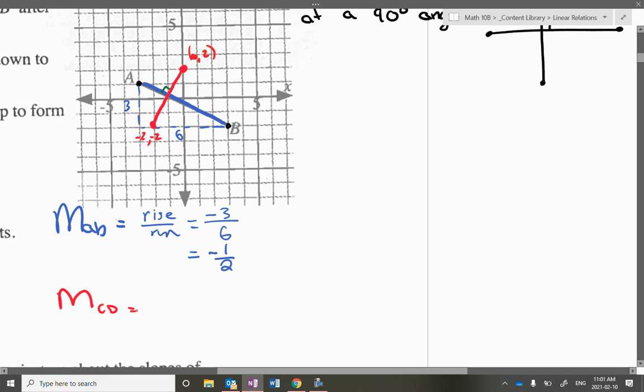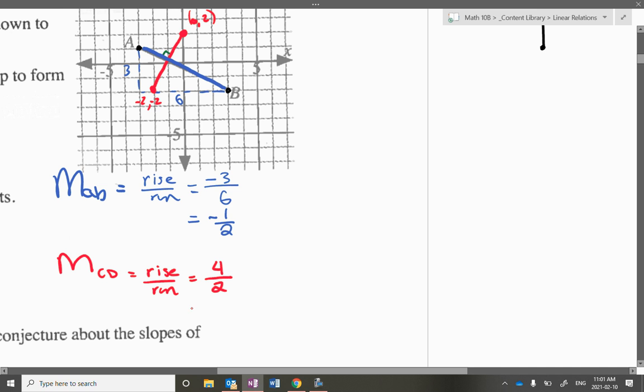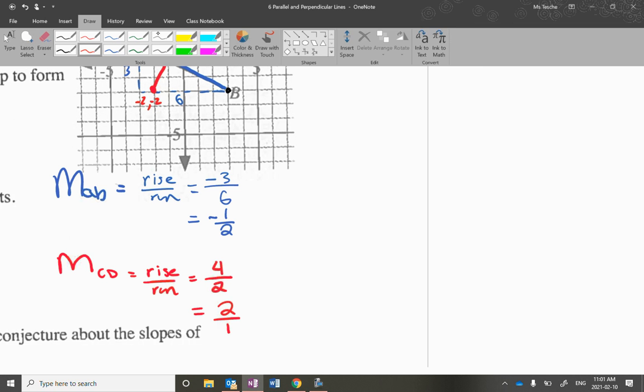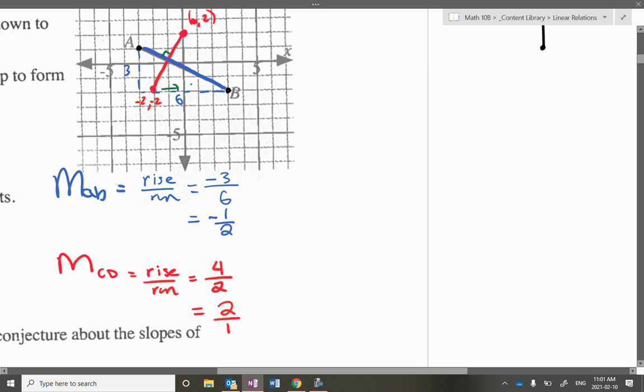Okay, so my rise over my run, it rose 4 and went to the right 2. What is 4 divided by 2? 2 over 1. Good. We went to the right 2 and we went up 4.